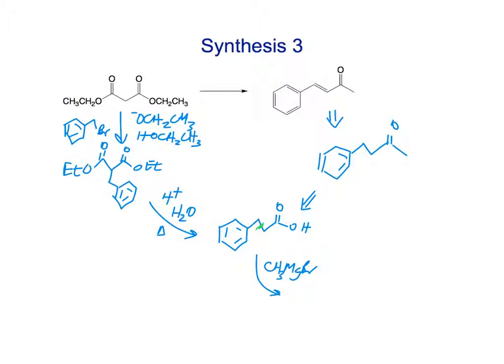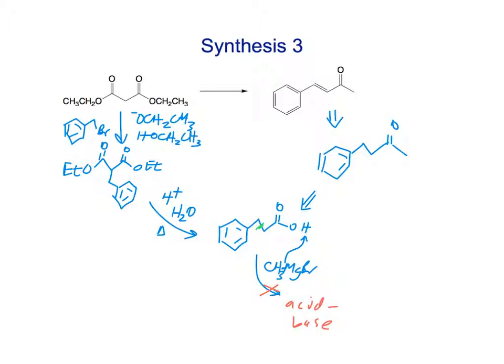Well, actually it doesn't add at all. Remember that Grignards are very basic. So all this is going to really do is pull off the proton. So this just gives us acid-base chemistry, and doesn't go anywhere.